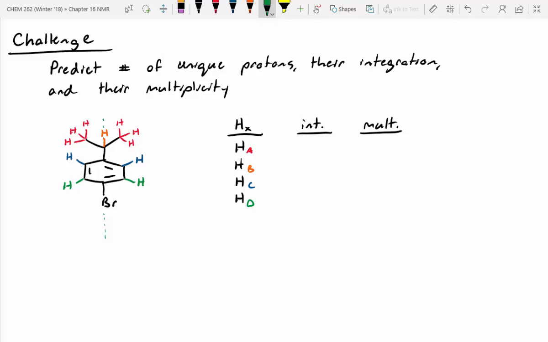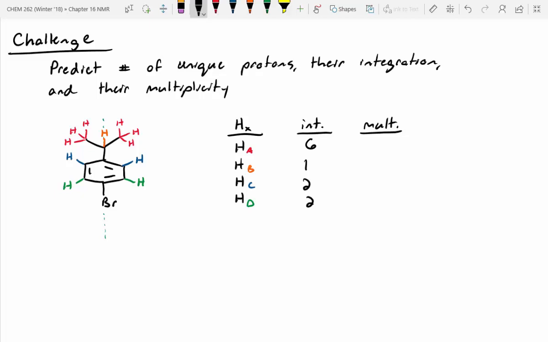All right. Integration-wise, for the HA set in red, how many will make up that peak? 6. Hopefully we're good at counting. How about the orange one? 1. And then 2 and 2, right? So that part's actually, in my opinion, the easiest. The tricky part now becomes predicting the splitting pattern or the multiplicity, right? All right, so imagine that you're the red protons, right?